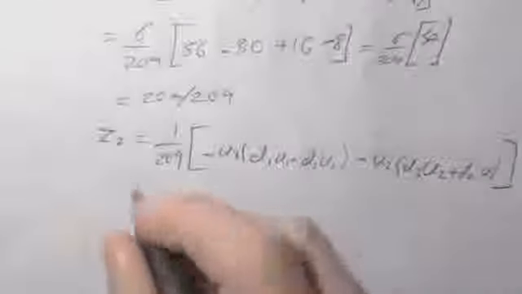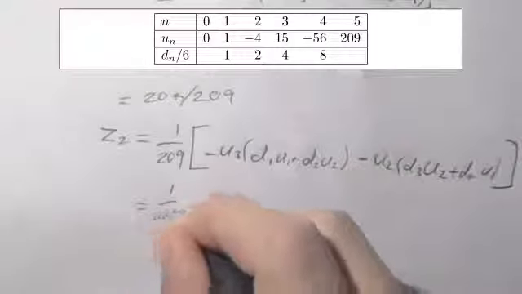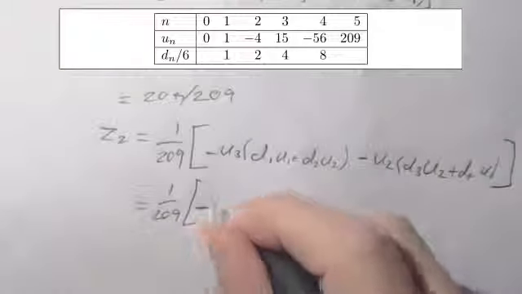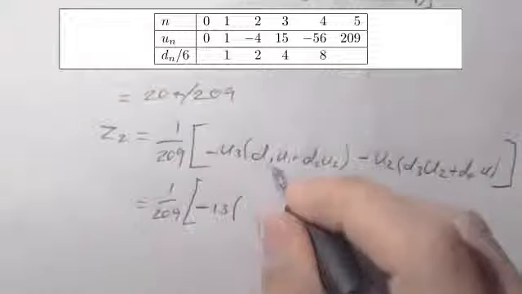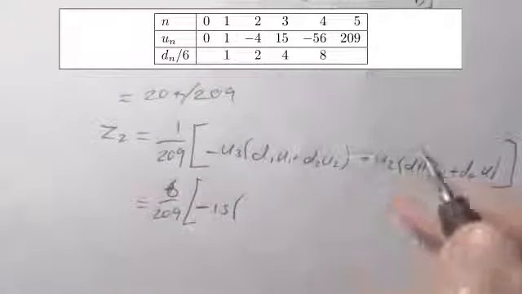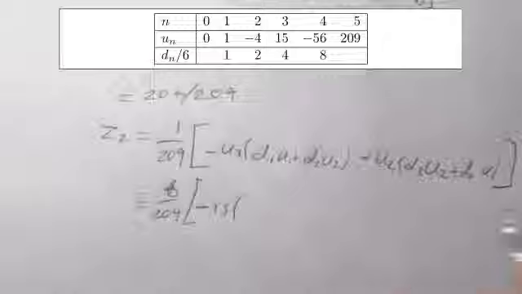So let's plug in the values. We're going to have 1 over 209. U3 was 15, so minus 15. I'm going to take the 6 out because DI always has a factor of 6 in.